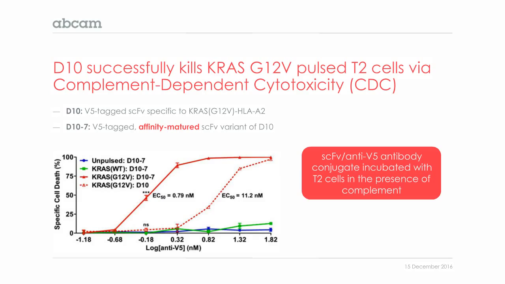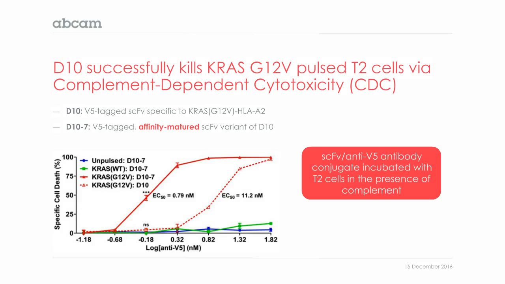The blue line is unpulsed T2 cells incubated with various concentrations of the affinity matured D10-7 scFv conjugated to the anti-V5 antibody. You can see that at all concentrations tested, we essentially see no cell death. Similarly, when you incubate the D10-7 affinity matured scFv with the wild type peptide pulsed T2 cells, you see very minimal cell death.